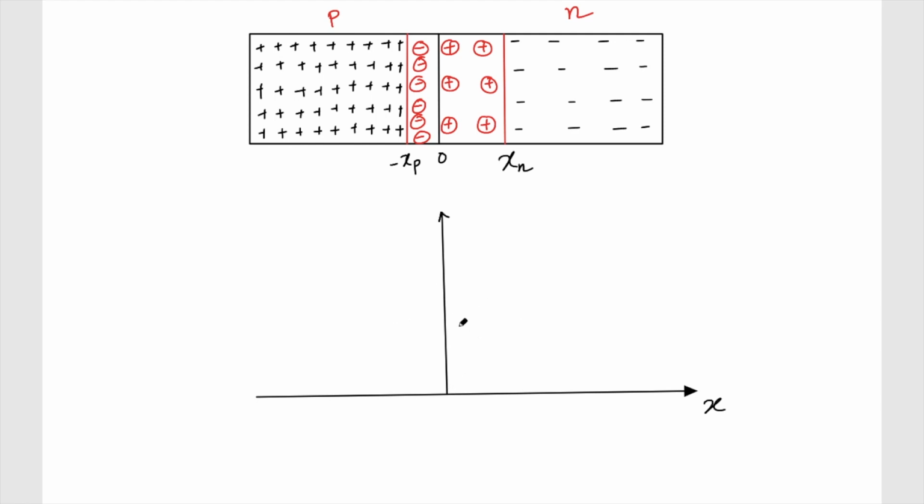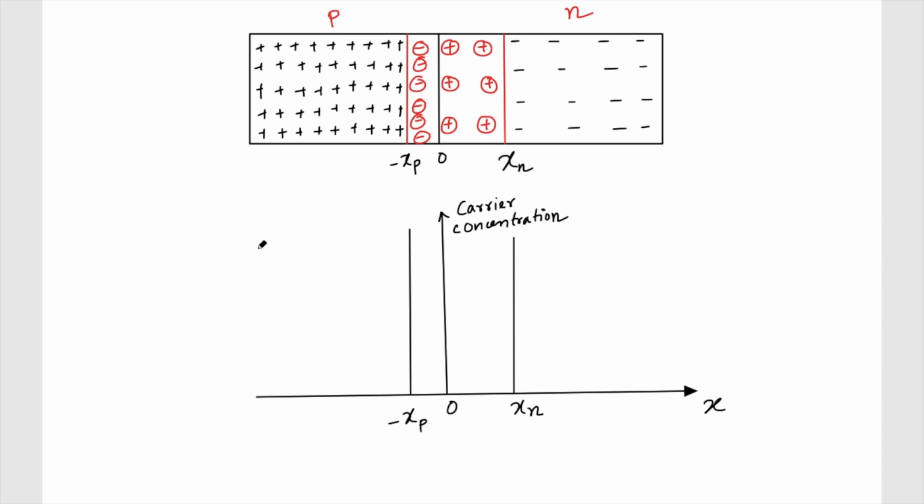This is my y-axis, which will be representing the carrier concentration. So this is my minus Xp and this is Xn. This is 0.